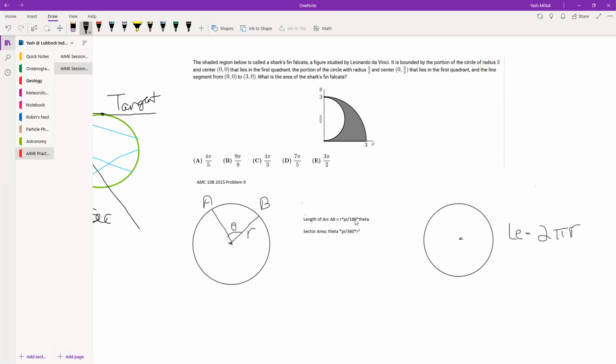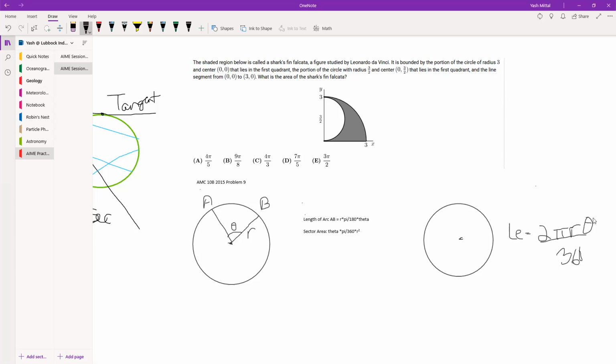And so the length of arc AB is just another way of showing the circumference of a circle, but only part of it. In this case, you're multiplying it by theta over 360. Theta is always going to be less than 360, since there's 360 degrees in a circle.